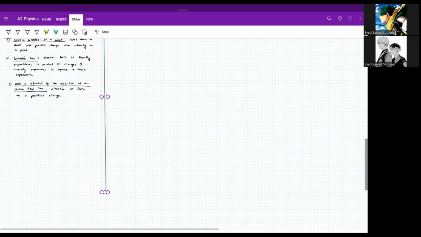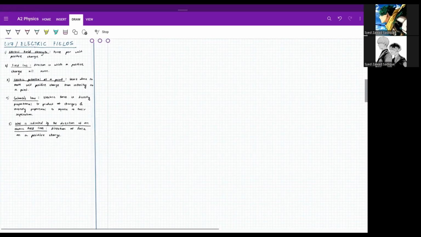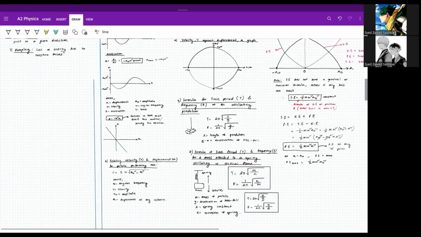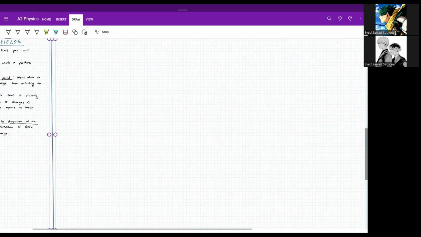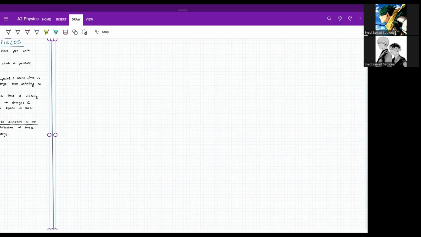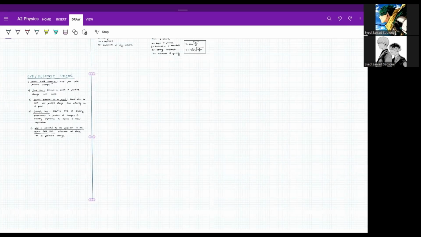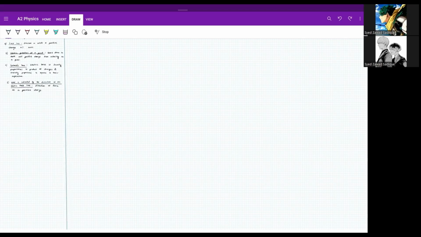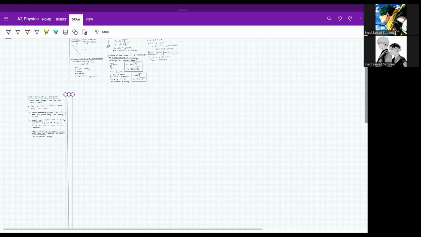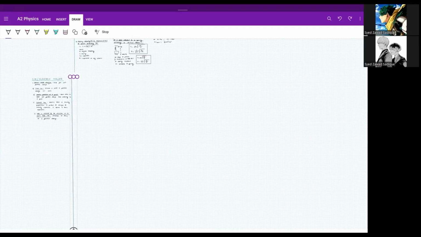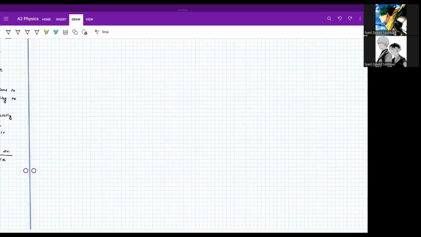Now, why is it so slanted? The line is very slanted. No, actually. Okay, this should do.